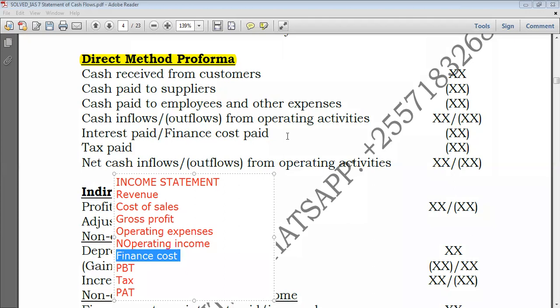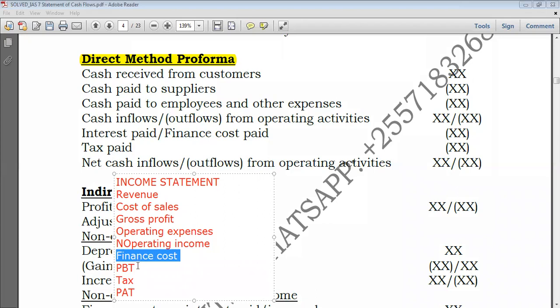But it's just common to put interest paid under operating activities. It's just a practice. And if an entity does this, it has to do this consistently, so as to reflect comparability of the financial statements. So interest paid can usually be deducted over here. Interest paid means this is the cash outflow or finance cost paid.